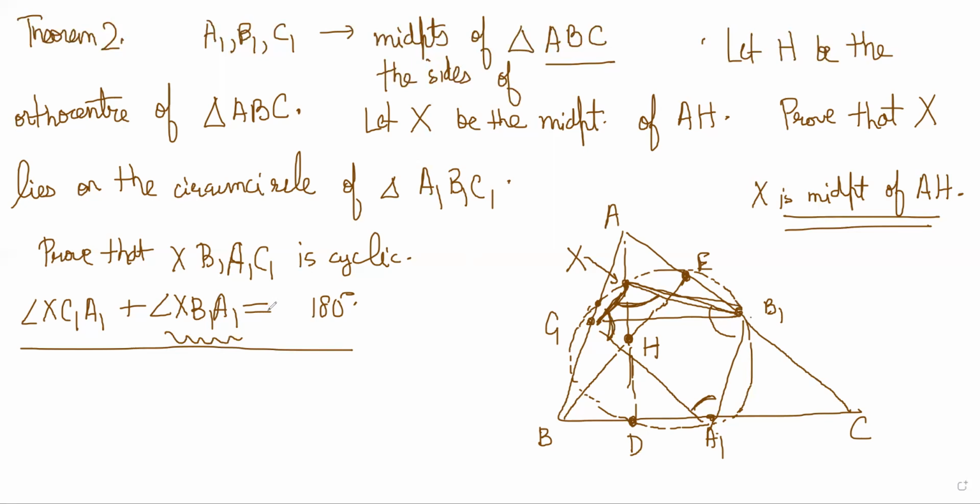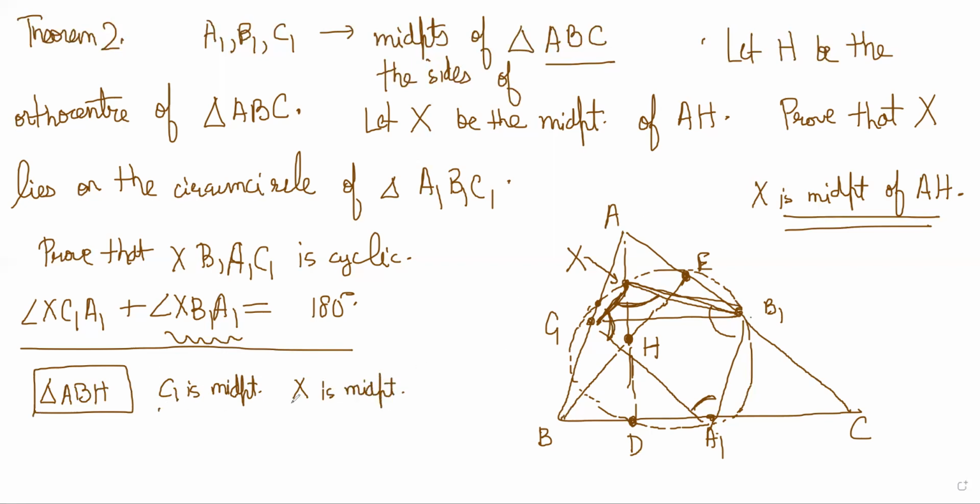X, B1, A1. So the first thing that I can see is in triangle ABH, C1 is the midpoint, and the point X is also the midpoint of AH.